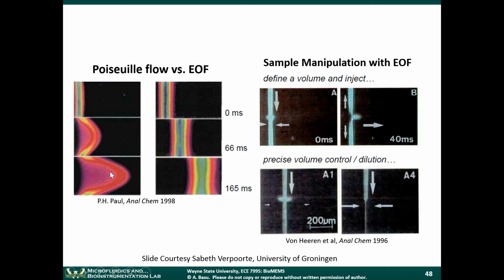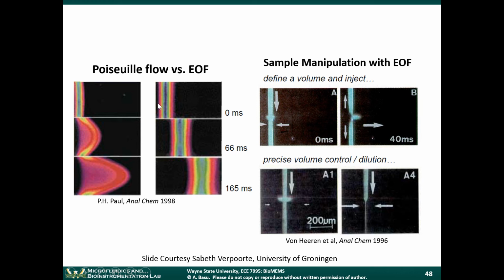This is called dispersion. You started off with this nice clean stack of chemicals that you put into the channel, and because of this parabolic flow profile, they disperse. And a lot of times in chemical separations, you don't want that. You prefer to keep the chemicals the same way that you inputted them into the microfluidic channel.